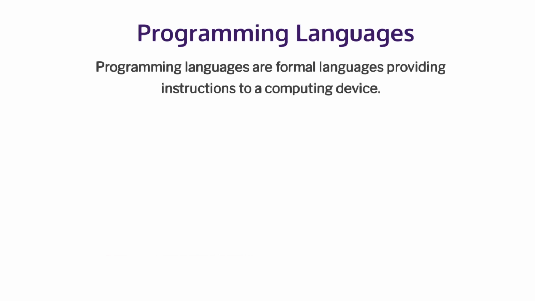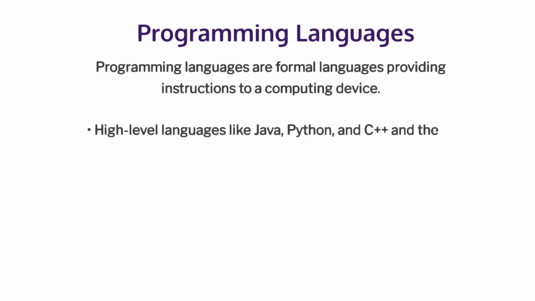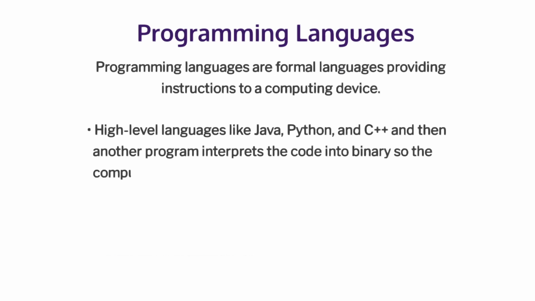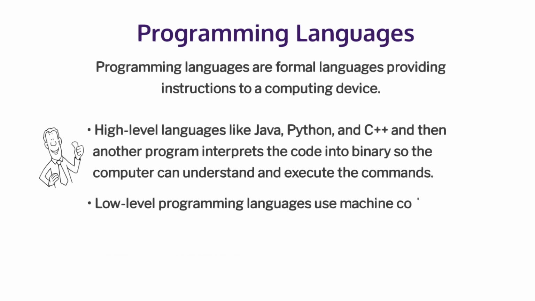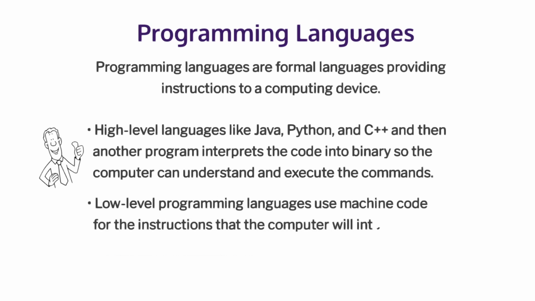Programmers can write code in high-level languages like Java, Python, and C++, and then another program interprets the code into binary so the computer can understand and execute the commands. Low-level programming languages use machine code, binary, or assembly for the instructions that the computer will interpret and execute. Low-level languages are difficult for people to understand.